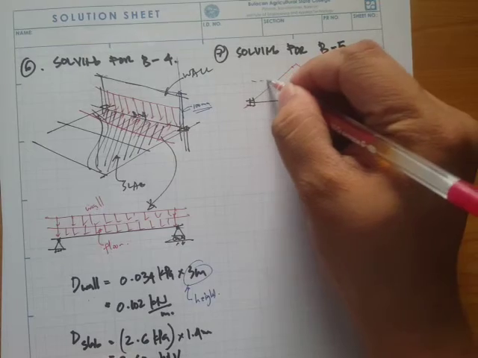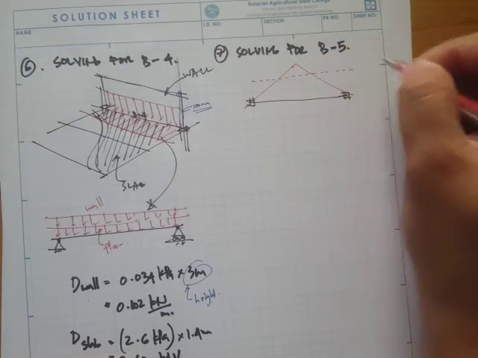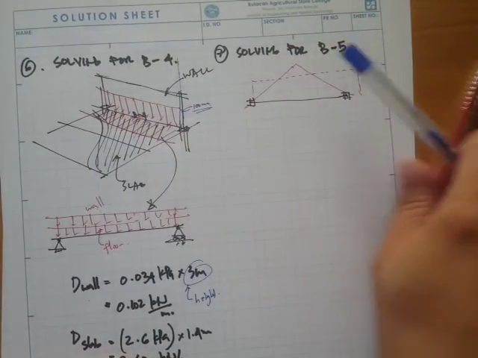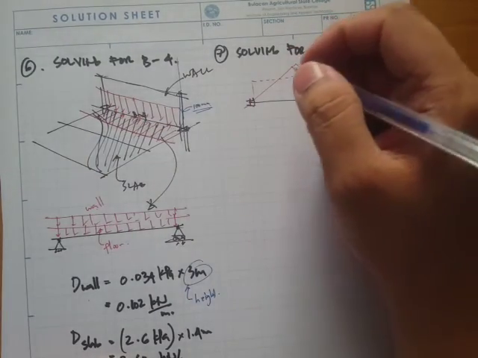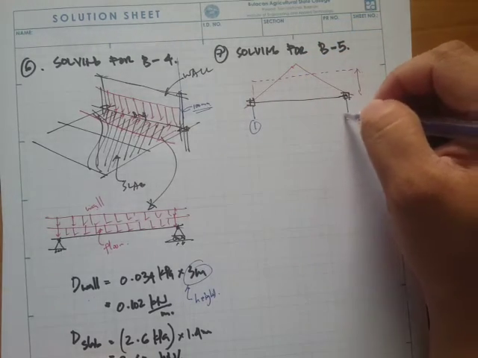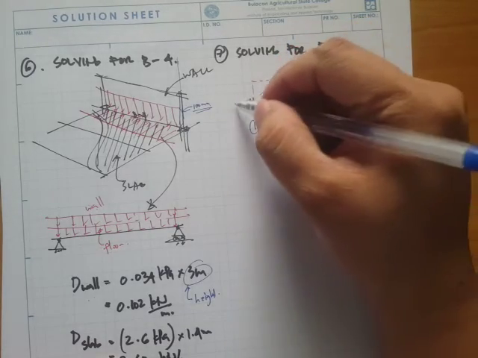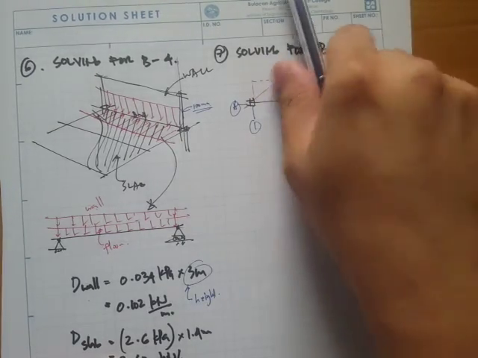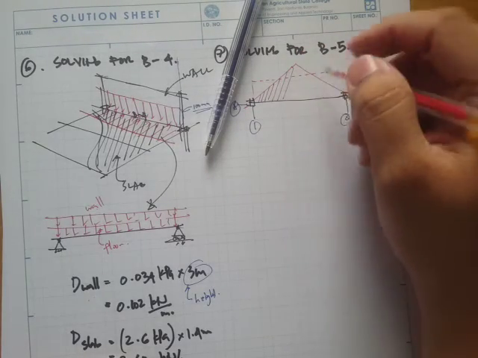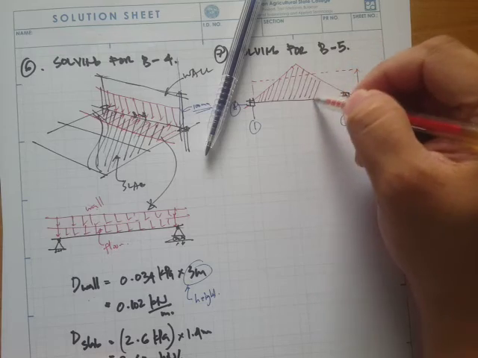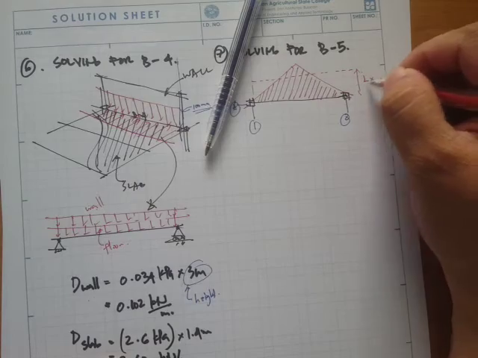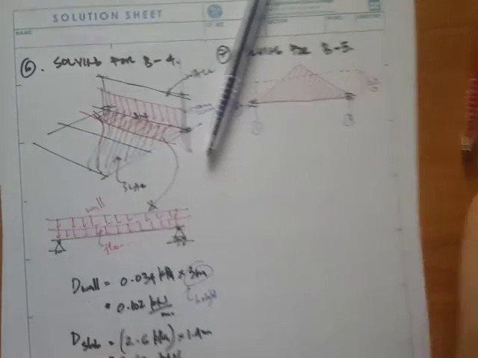Okay, but then again, what we need is a reduced value. This is actually balloon 1, then balloon 2, and this is A. So the value of this tributary width, if it's a triangular load, is just Lx all over 3.